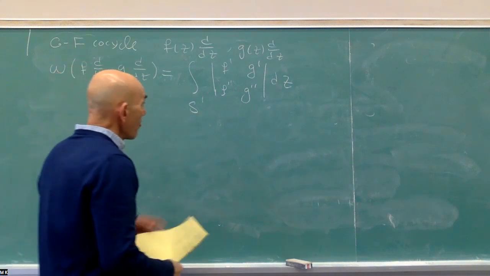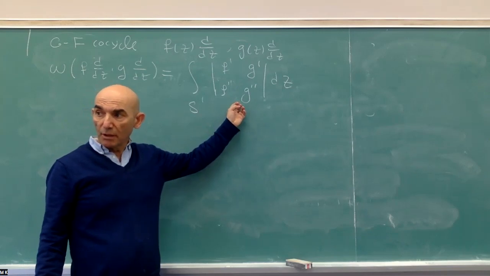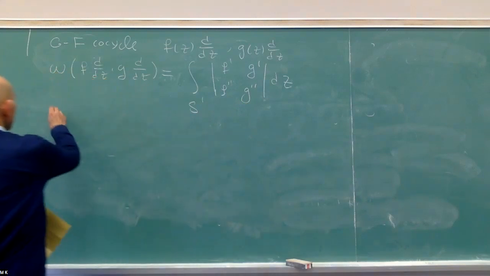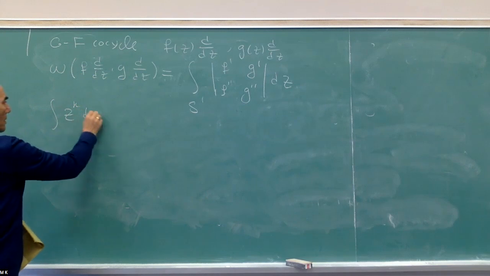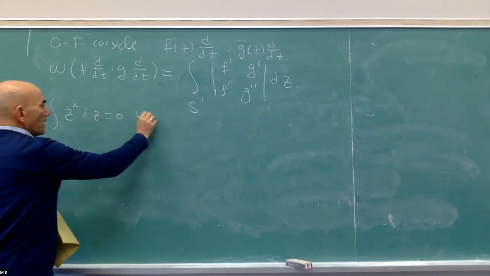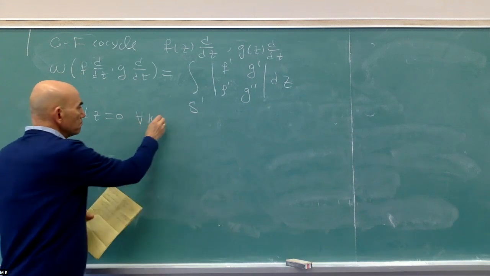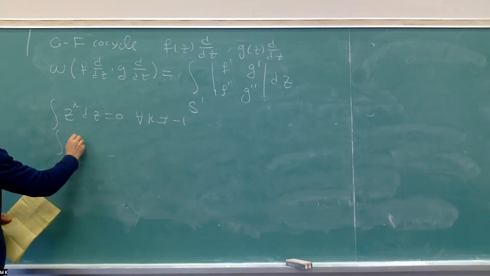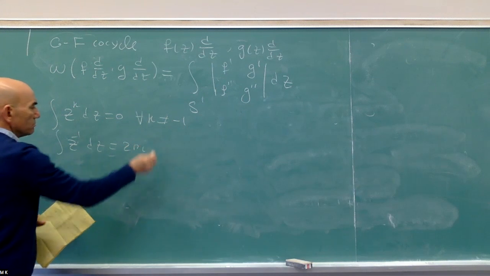Here, to understand the integration, we understand it in the sense of complex analysis, namely this integral is equal to 0 for any k different from -1, and the integral of z^k with k = -1, that is z^(-1) dz, is 2 pi i.